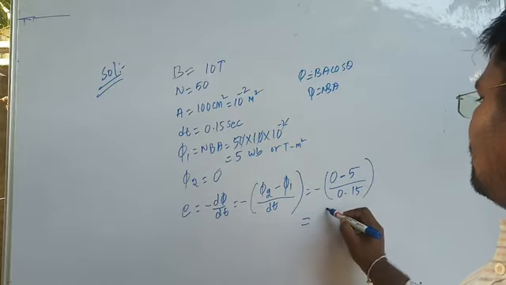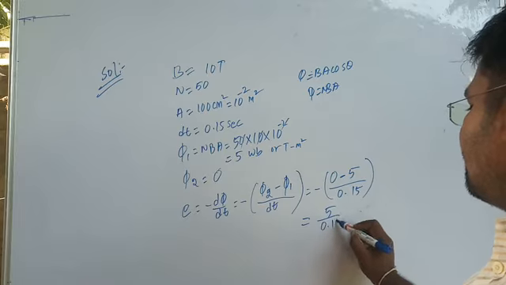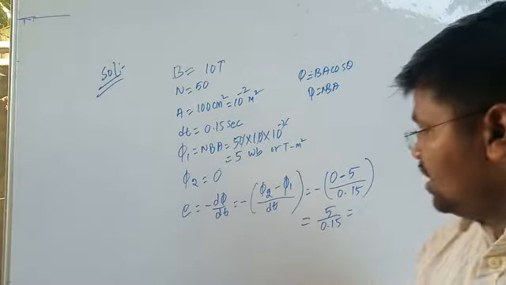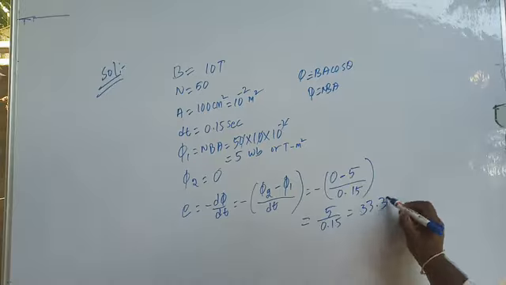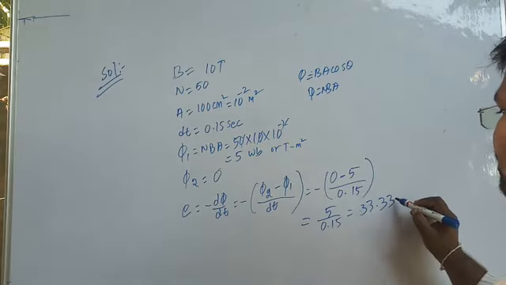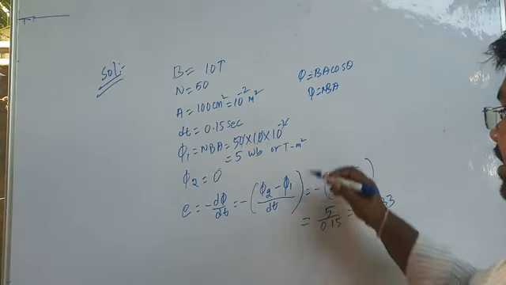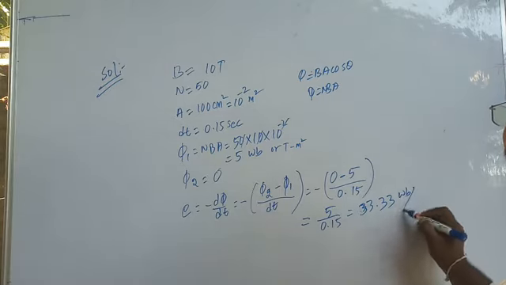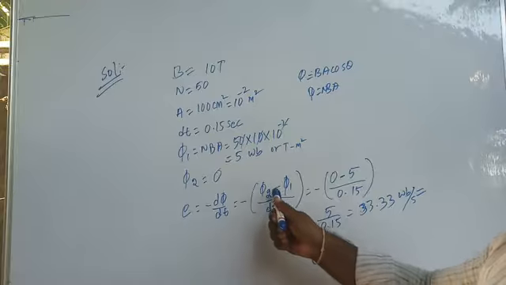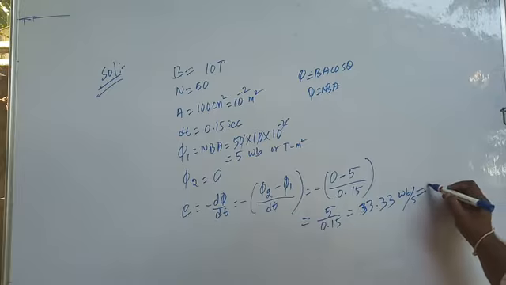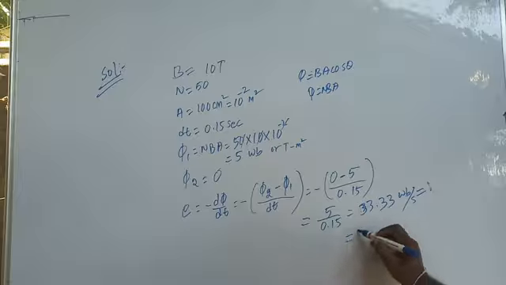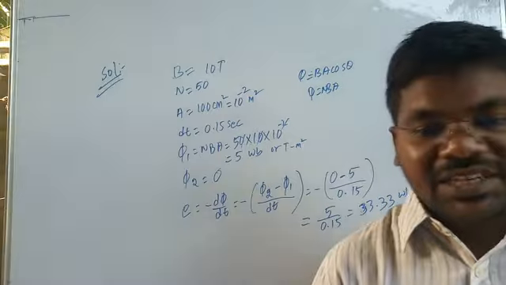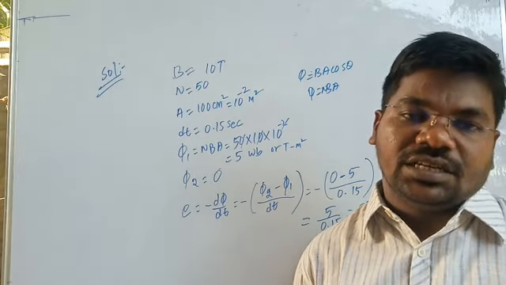So it becomes 5 divided by 0.15, which is 33.33 Weber per second. Weber per second gives volt. So we can generate 33.33 volts.